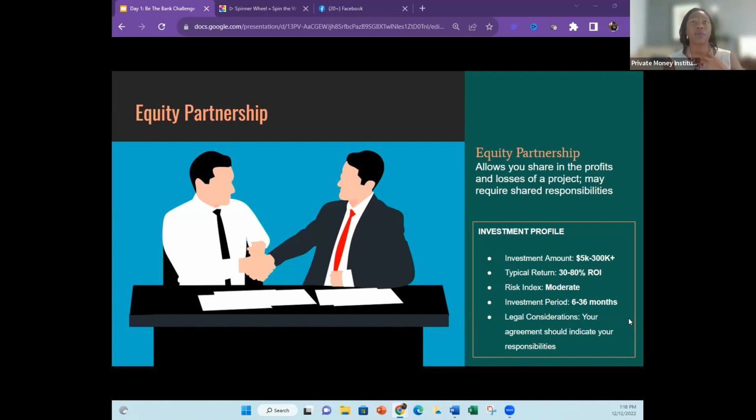And in our program, we do have a sample joint venture agreement that you can use. You're free to take it to an attorney to get it looked at outside. But we do have one that does have some common responsibilities in there. So you can sort of mix and match who wants to do what and prove that you are actually a venture working together, not just someone who threw money and blindly walked away from the deal.